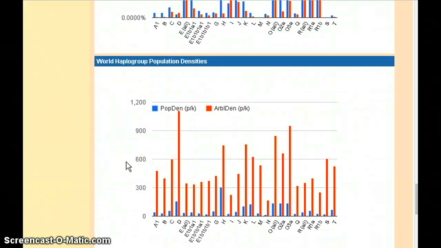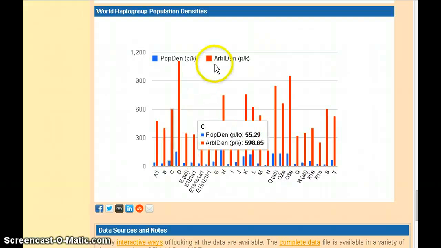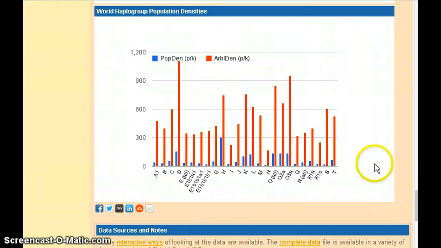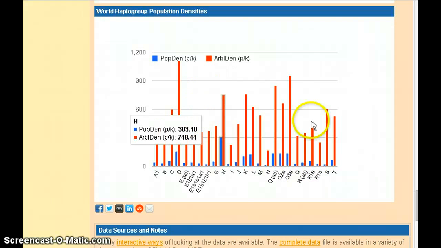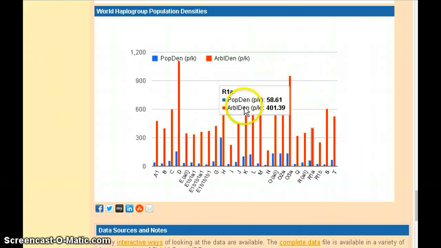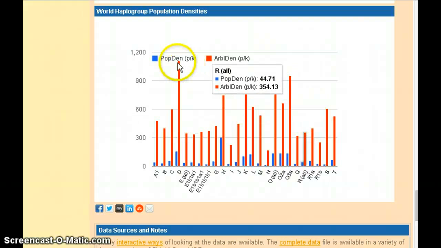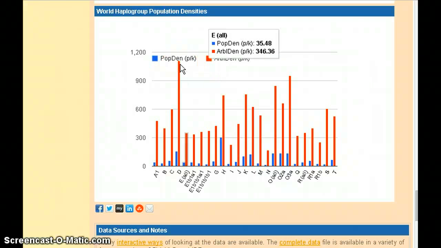Population densities is another good way of looking at the footprint data, and you can see that in most cases the arable density just means the number of people per area of arable land versus area of total land.